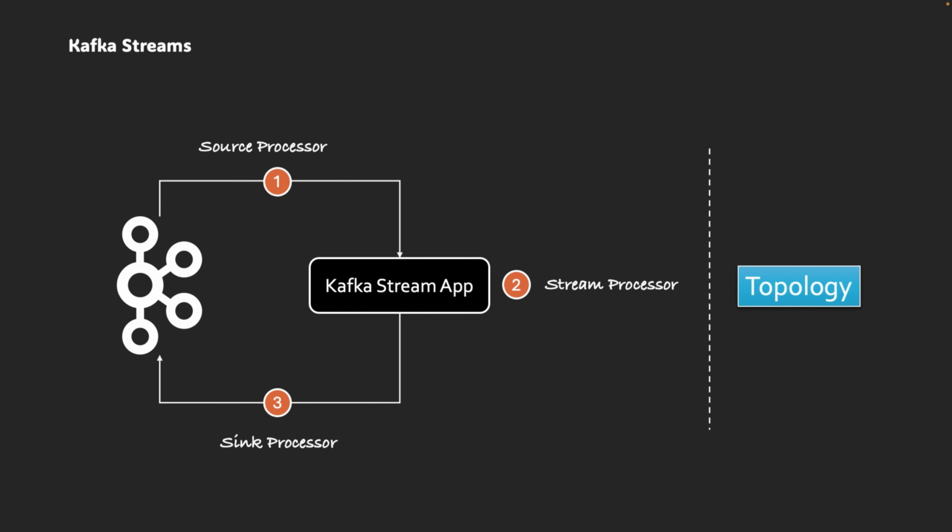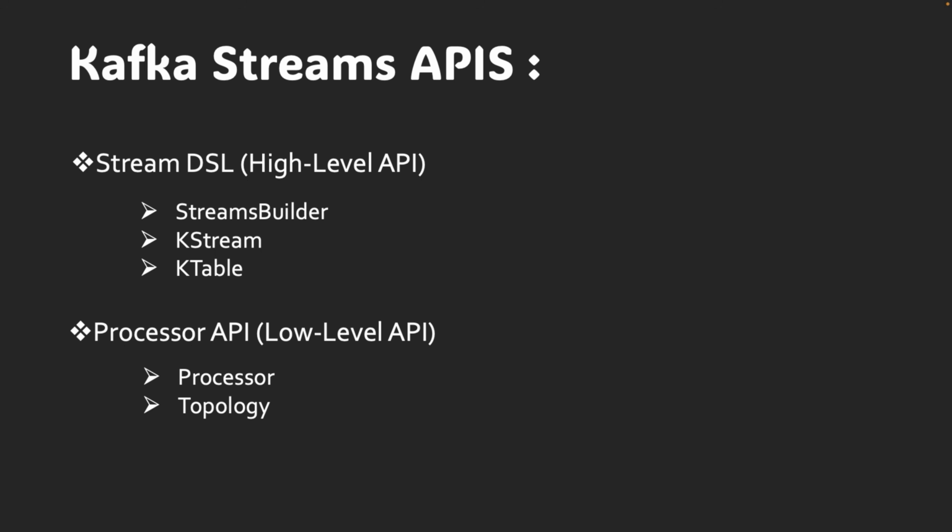Okay? If you are with me, next let's explore the APIs that Kafka Streams provides to work with these processors and build real-time data pipelines. Basically, Kafka Streams gives you two main APIs, Stream DSL and Processor API. This Stream DSL is most commonly used. It's the declarative way to design your Kafka Streams application.